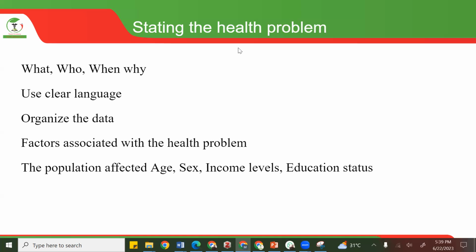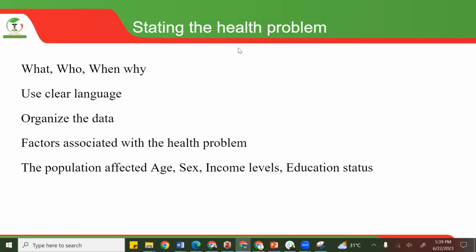So you don't want to be using a lot of technical language that will not be understood by the key stakeholders. Make sure that you have this data well presented. That means that you need to use pie charts, graphs, even text, images, whatever you can, to present this problem in a logical way, in an organized manner.